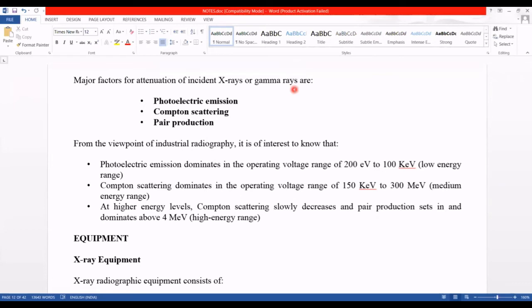These photons disappear while interacting with the atoms, like in photoelectric emission. But then they reappear in terms of charged particles, either positive or negative. This kind of process is called pair production.